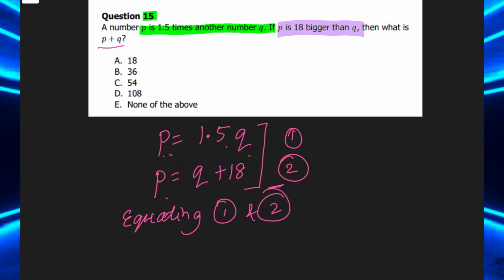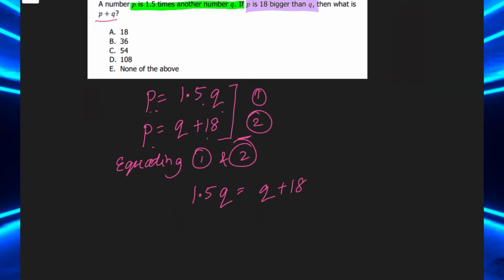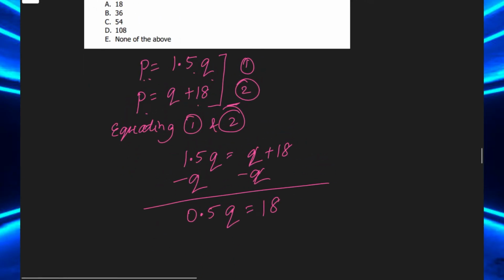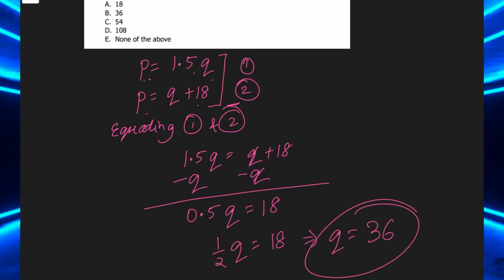So P equals 1.5 Q. That means 1.5 Q must equal Q plus 18. Now solving this, taking away Q from both sides, 0.5 Q must equal 18. Now 0.5 Q means half Q. Half of Q is 18. That means Q must be 36.